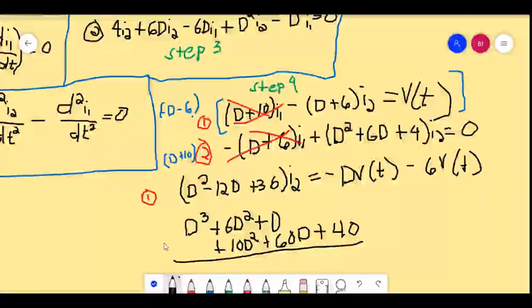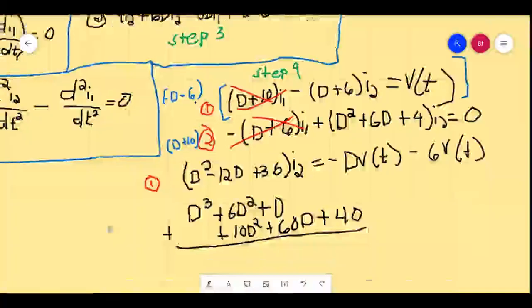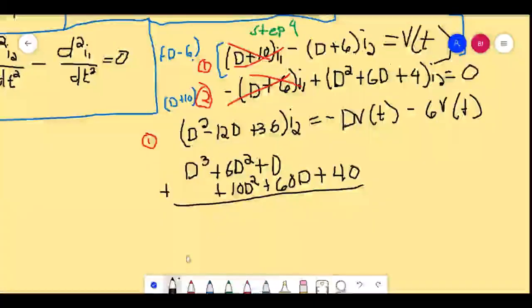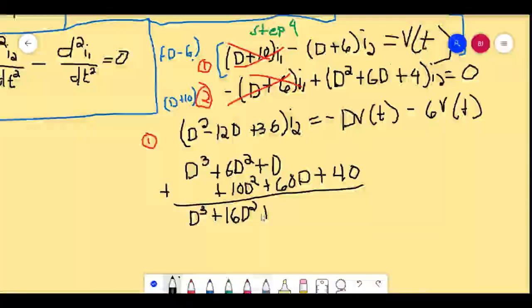Okay. Just like what we did with our example number 1, we add them. So we'll be getting d cubed plus 16d squared plus 61d plus 40, and this will be multiplied by I2 equal to 0.